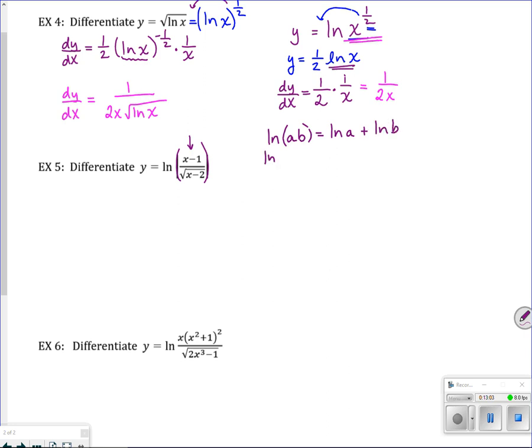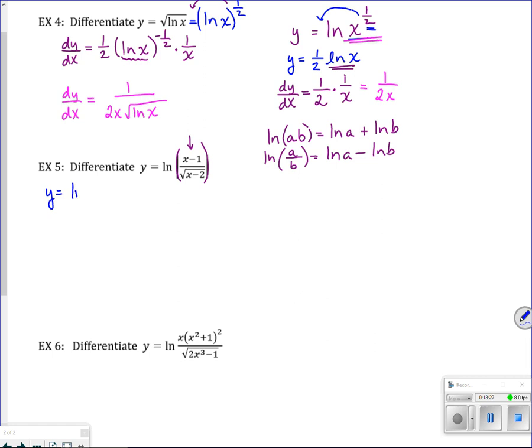And if you divide a over b, then you subtract the logs. So looking at number 5, with those in mind, I could rewrite this way. Notice I'm not taking the derivative yet.